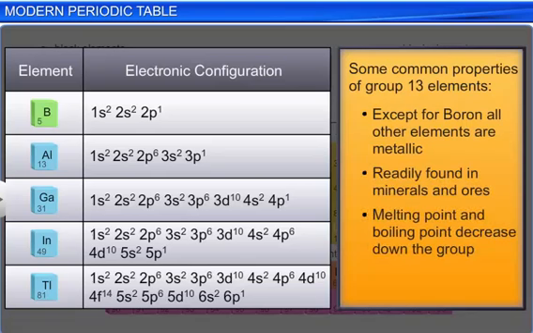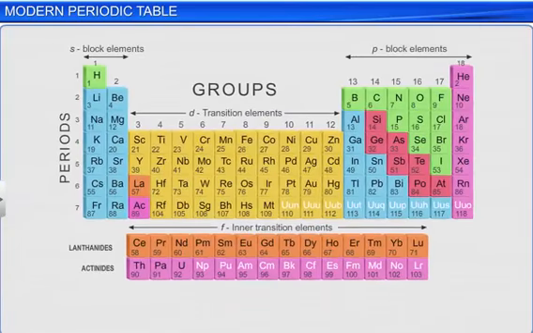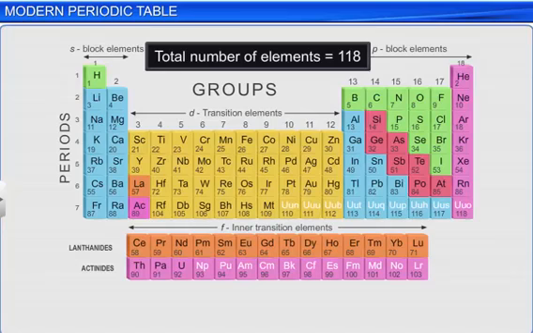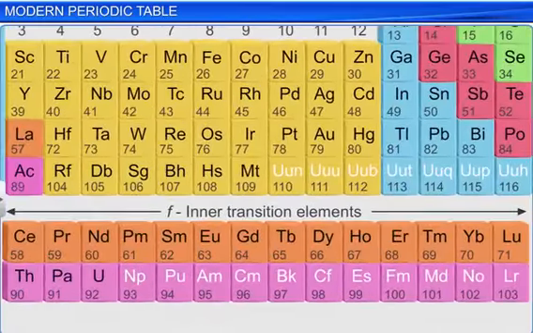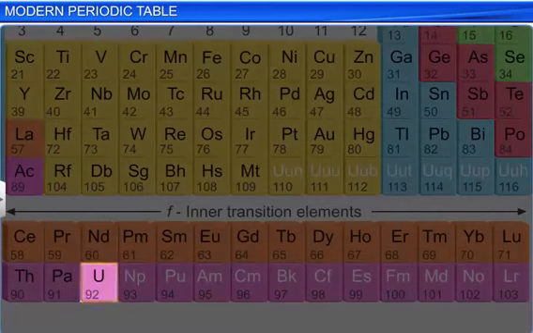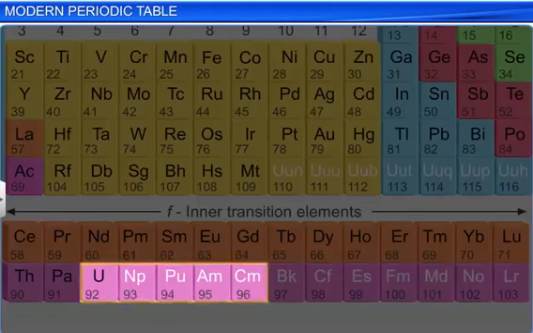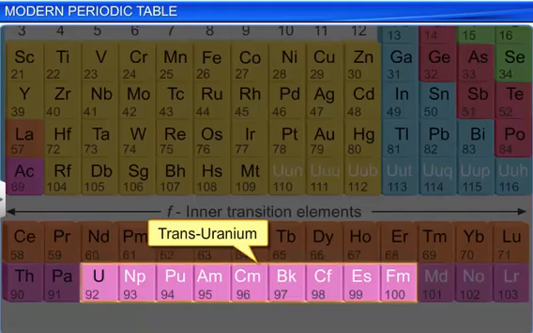As of July 2009, the long form of periodic table has a total of 118 elements. All the elements between uranium, atomic number 92, and fermium, atomic number 100, are called transuranium elements.